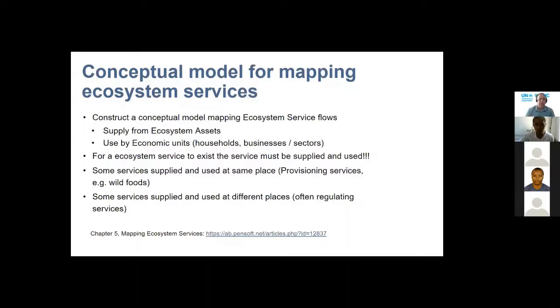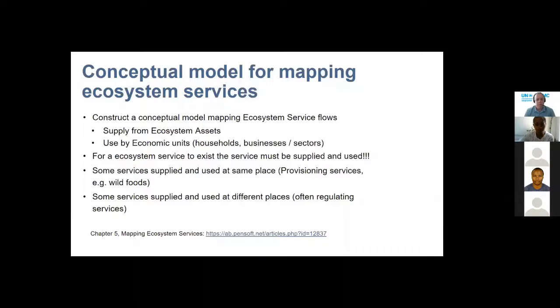So really start building a conceptual model to help us map these ecosystem flows out. So, what's the supply from the different ecosystem assets, and what's the use of services by different economic units, and by these we mean different households, businesses, or sectors.